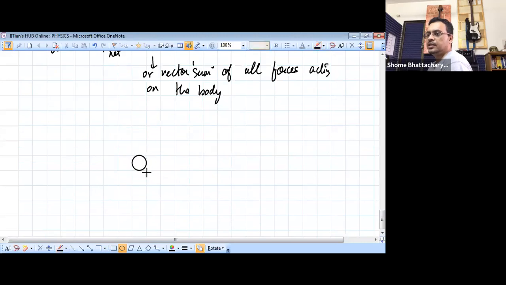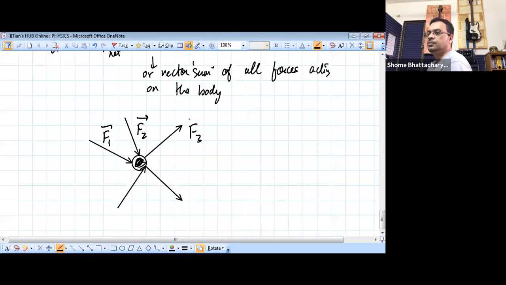Suppose this is a particle on which there are n number of forces acting. There are forces F1, F2, some forces are pulling it, some forces are pushing it. Like this, there are n number of forces acting on the body. These are all forces acting externally. Some external agents are applying these forces.